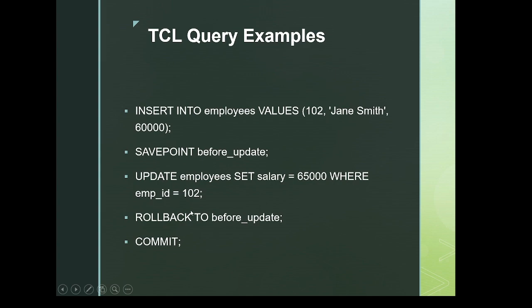Now we change our mind and we issue the statement rollback to the savepoint that we have created here. So this statement will undo just the update but not the insert statement. And finally, you have this commit statement here, which is going to save the insert permanently into the database.